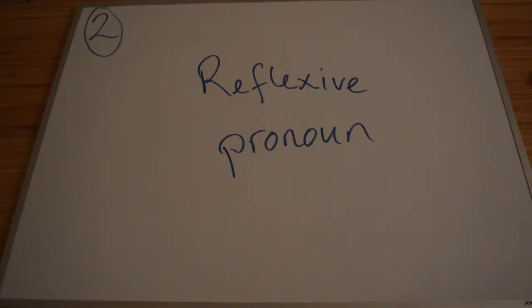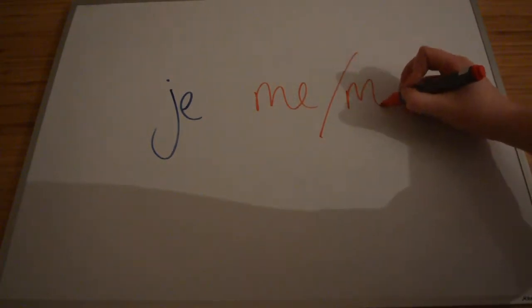Part two, and this is where it gets a little bit different from normal verbs, you need a reflexive pronoun. On the board here you can see part one, je, the pronoun, which means I, and we can see part two in red, me. That's the reflexive pronoun. It can also be just an m'. Now that depends on if the verb begins with a vowel.